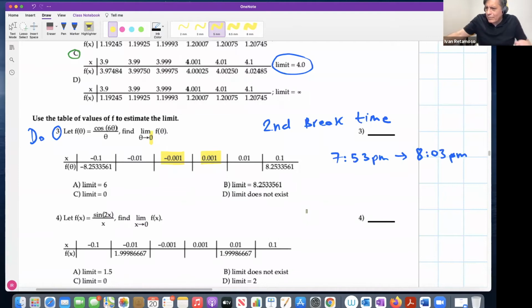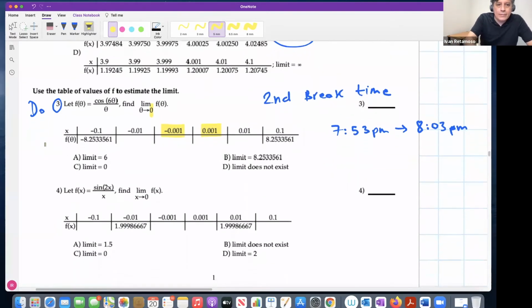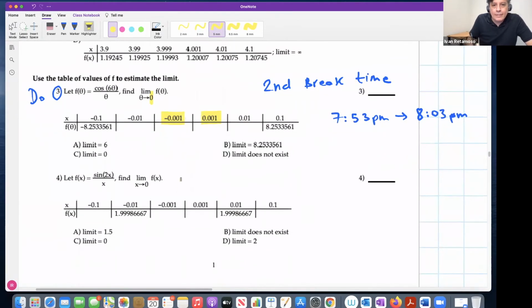And then we'll go over infinite limits. Yeah, let's do number 3. And the hint again is, do the evaluations at this value and this value, also in radians, right?